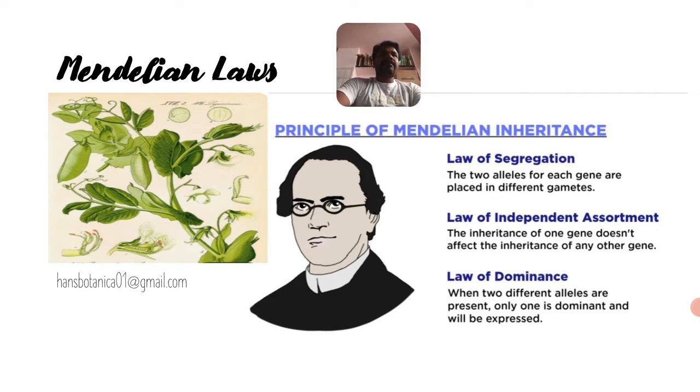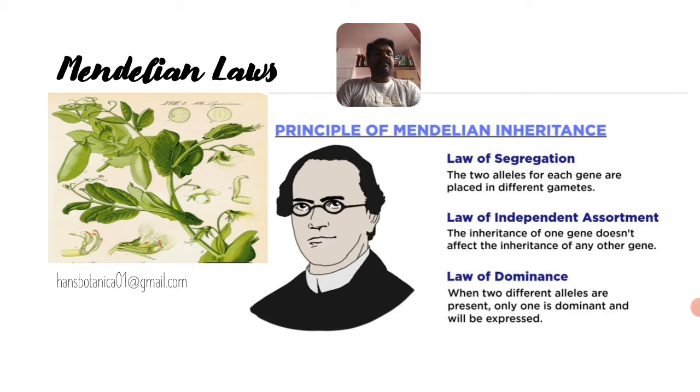Here, the capital T comes from the purely tall plant and the small t comes from the dwarf plant. They are brought together in a hybrid, and they segregate at the time of gamete formation. One is capital T and another one is small t.